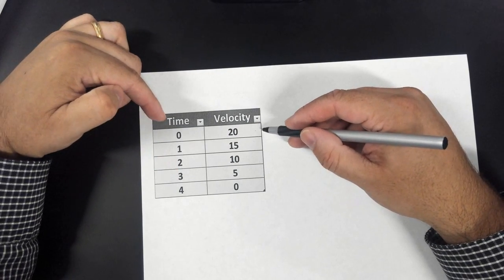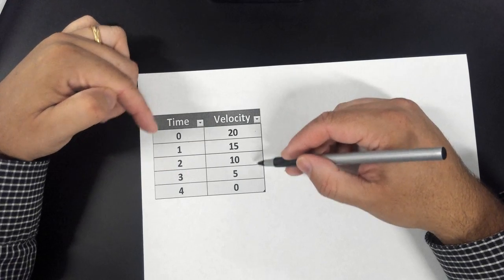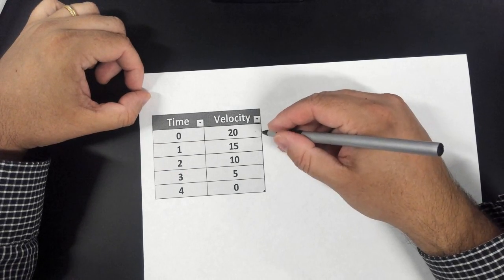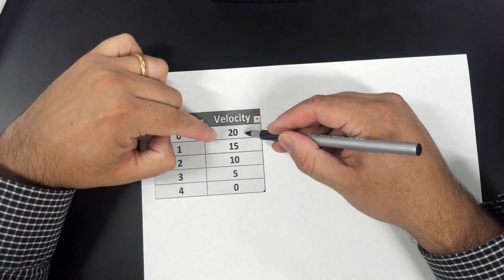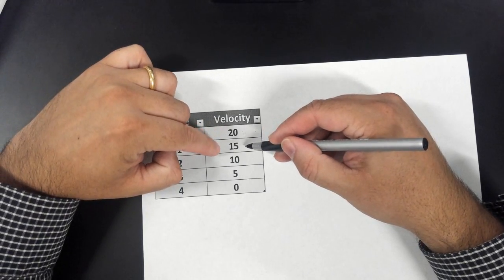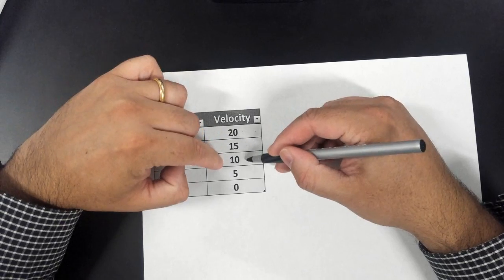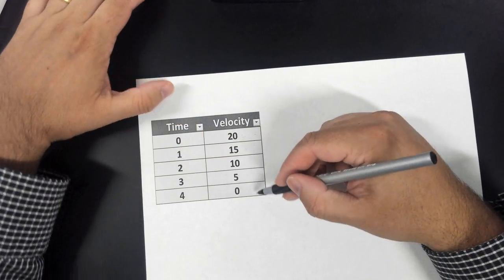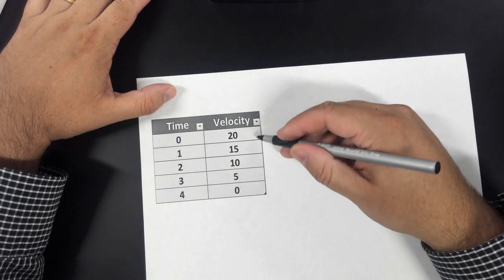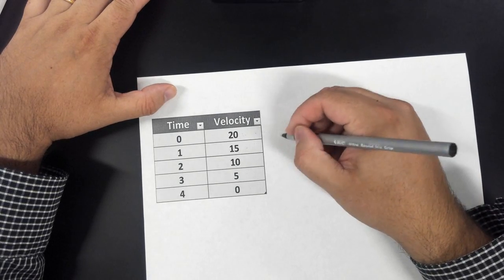Does that mean it's moving backwards? Absolutely not. It's moving forwards because it's a positive 20, so it's moving forwards at 20 meters per second. Then it's moving forwards at 15, forwards at 10, 5, and then comes to a stop. So this is going to be moving forward the entire time. It's never going to move back.